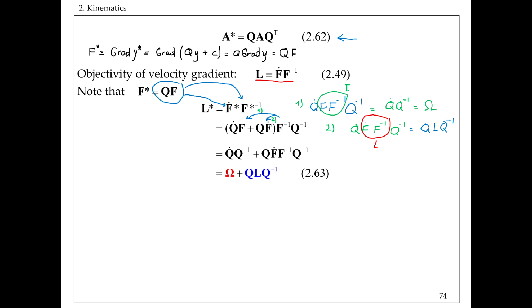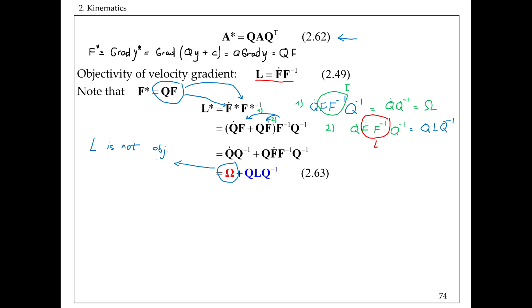However, in general it is not 0, and therefore we can conclude that the velocity gradient L is not objective. It has an additional term. This one is not objective, because of this term.